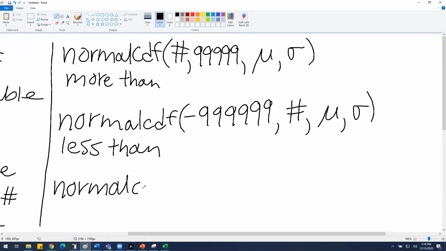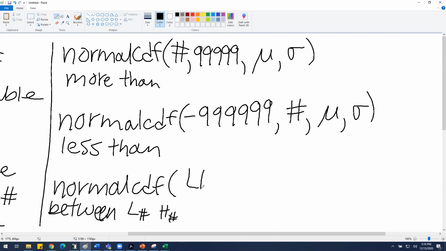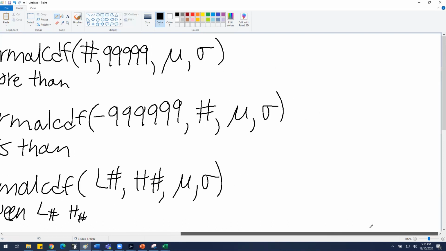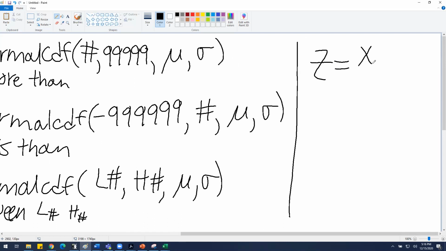If you're finding between in the calculator, you put the lower number first, then you put the higher number, then your mean, then your standard deviation. And then of course by hand, don't forget the z-score formula. X minus the mean, divide by your standard deviation.